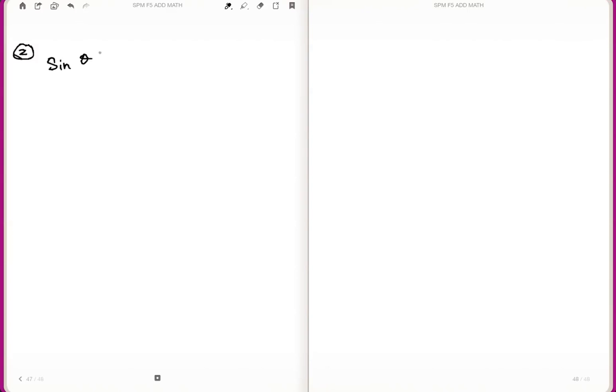Over there, we have y over r. Here we have a new term called cosecant theta. Cosecant will be 1 over sine theta, is equivalent. So therefore that will be equals to r over y.